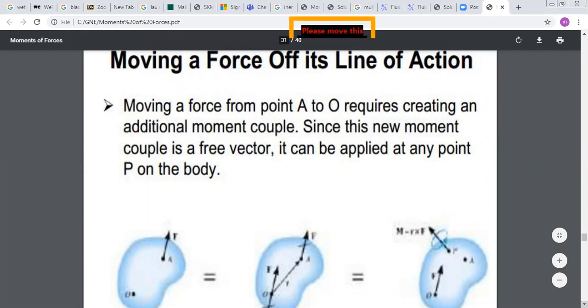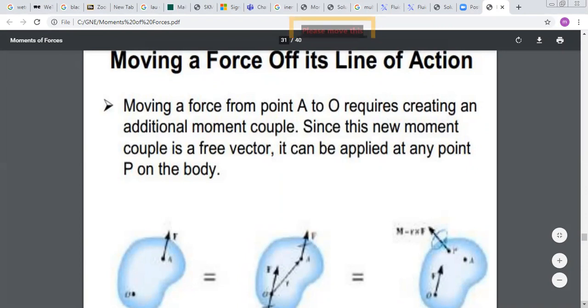When we move one force from one point to the other, we should add its couple about the point to have an equivalent system. Now, whenever you have a couple, even if it's applied at B, if you do sum of moment about A, you should take it into account, because the couple is a free vector, so wherever you put it, it will give the same effect.